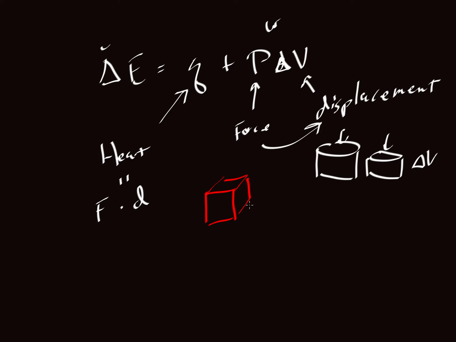We'll draw a cube. And let's say next to that, we have some very cold material. Let's draw another cube right next to this, and we'll draw it in blue to show it as something that is cold. So we have hot next to cold.